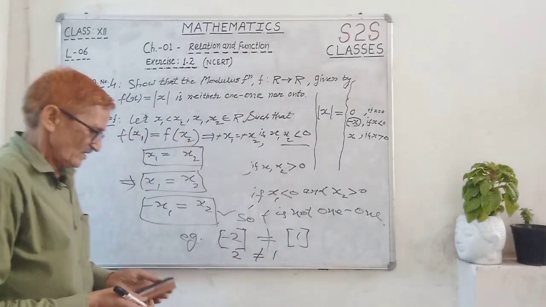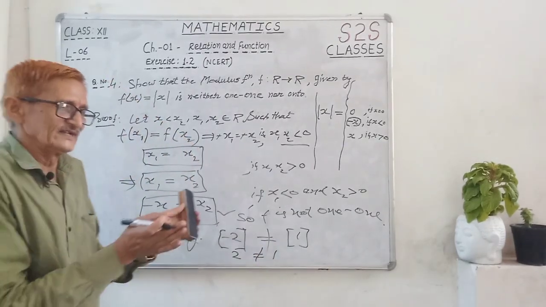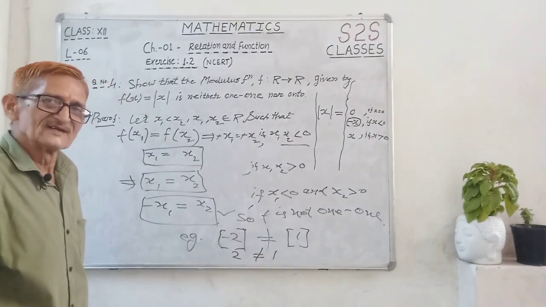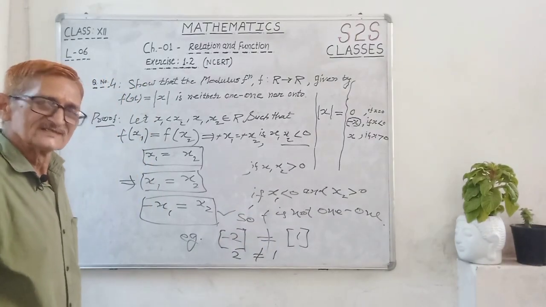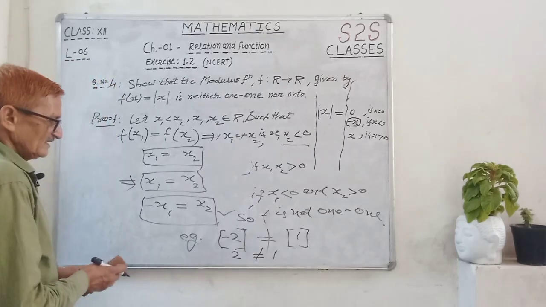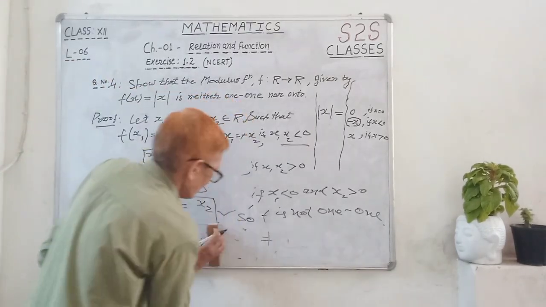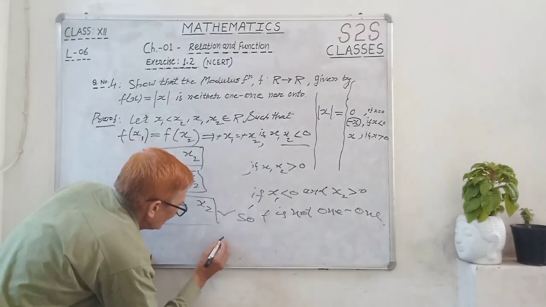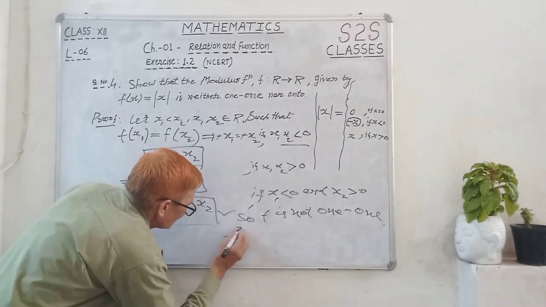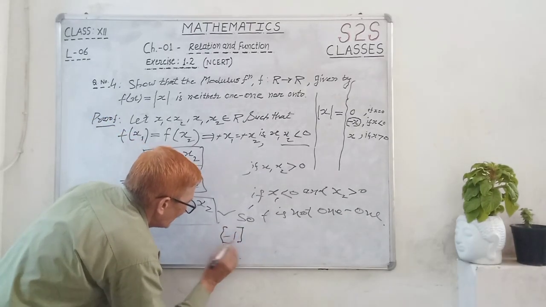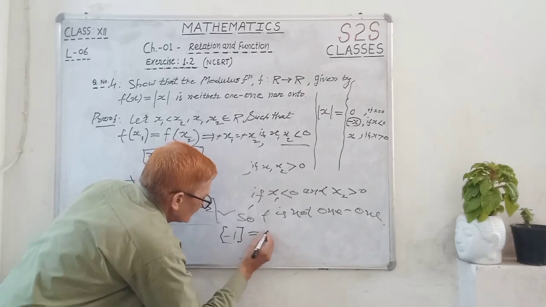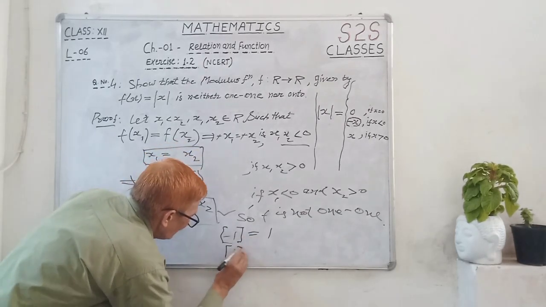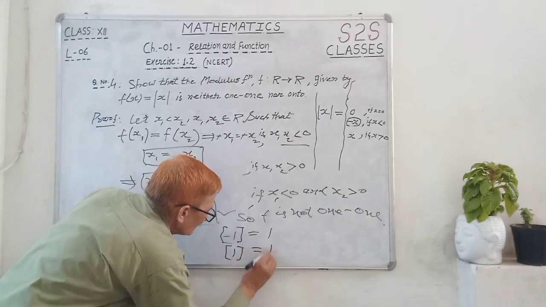Okay, now we have to show any two inputs having the same output. For example, one more example we may give, so that it will be clear: the greatest integer of minus 1 is equal to 1 and the greatest integer of 1 is also equal to 1.